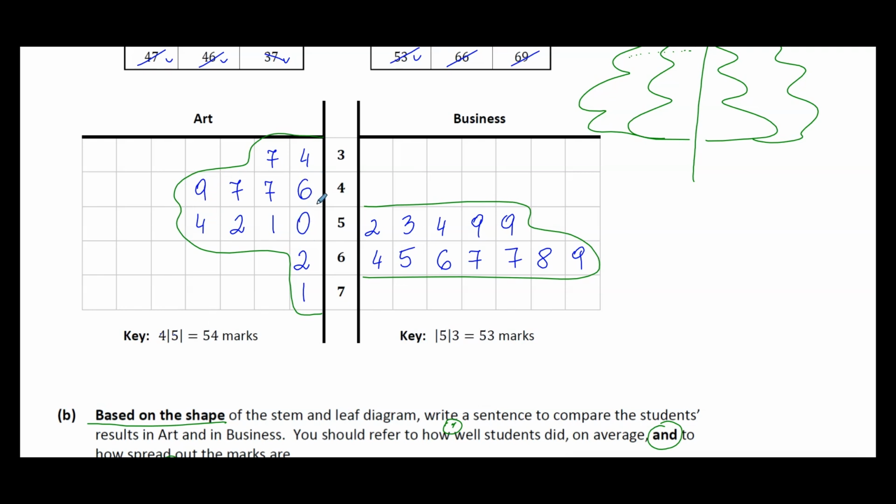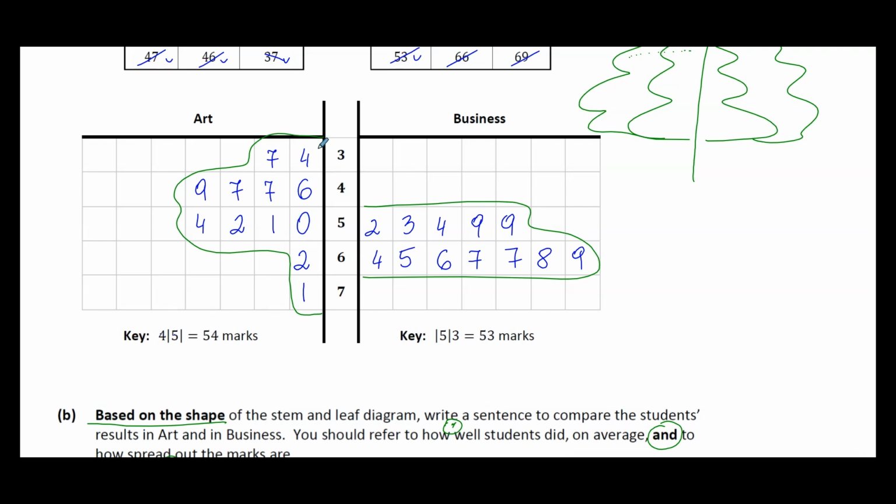The majority of the students are here in the 40s and 50s. And look, you don't have to worry about vocabulary or sounding very smart about that, as long as you can talk about the fact that here on average, students did better because they are in the 50s and 60s, while here on average, they are in the 40s and 50s.